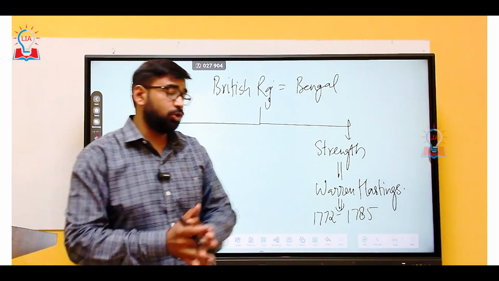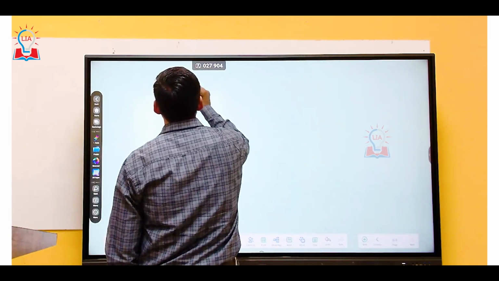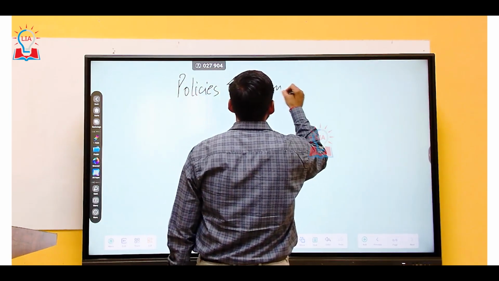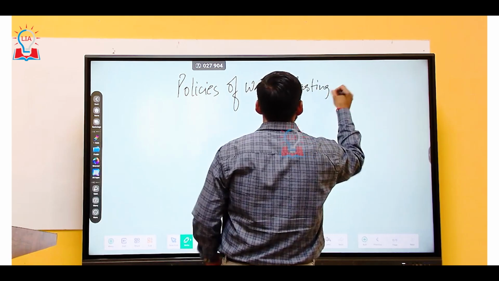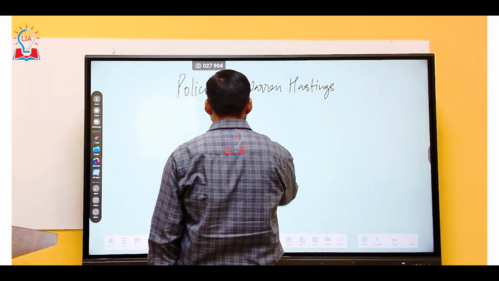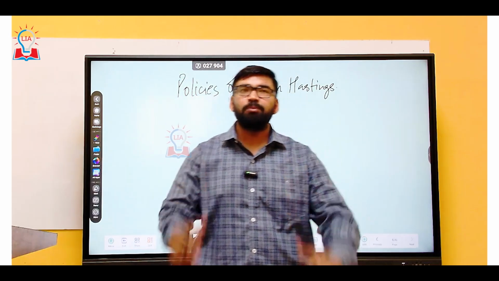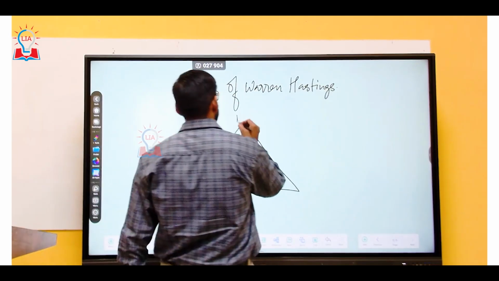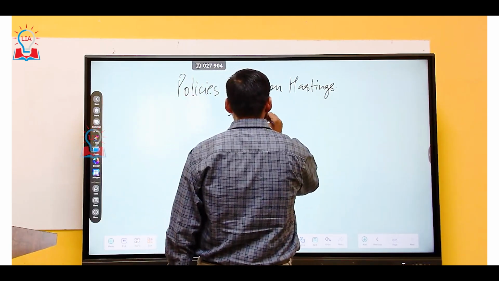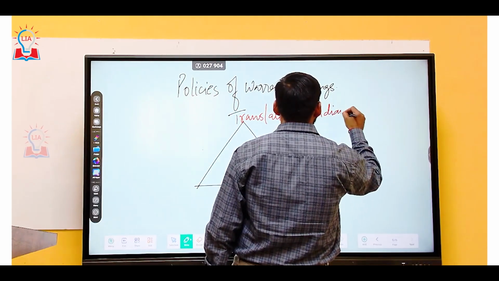Now we'll be discussing the policies of Warren Hastings. There are three important policies of Warren Hastings. And those three important policies are translation of Indian scriptures.